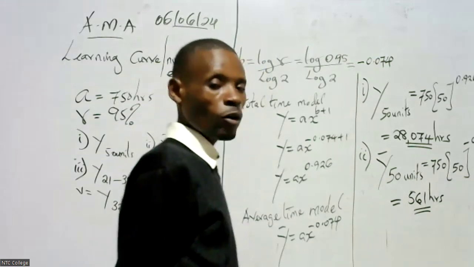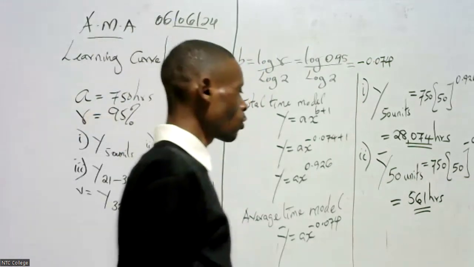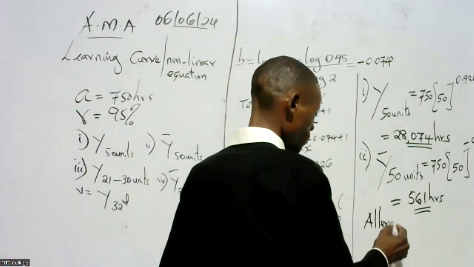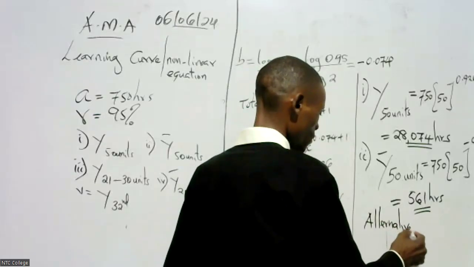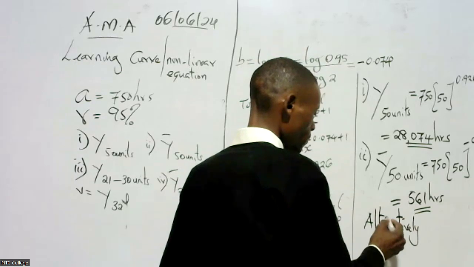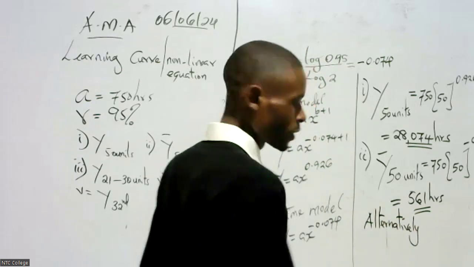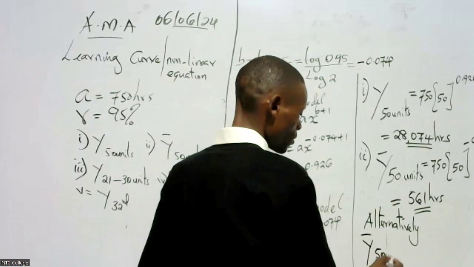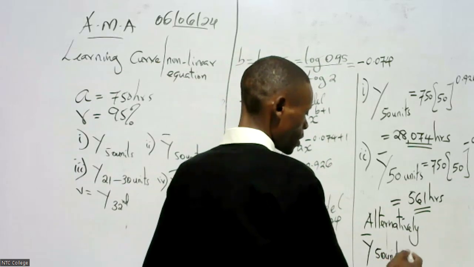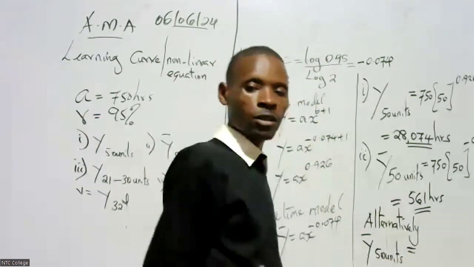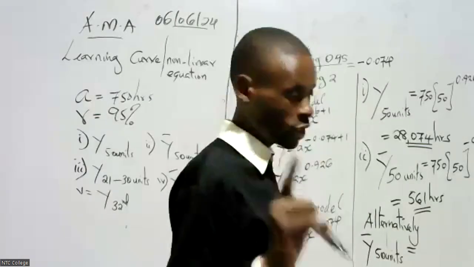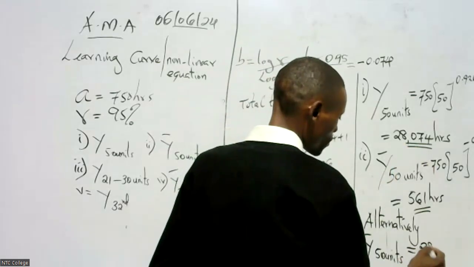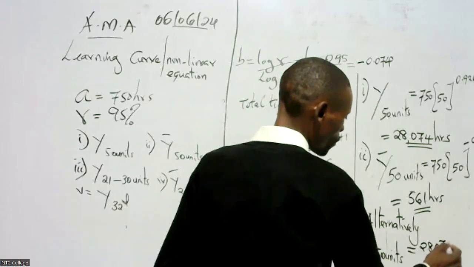Good, good. Or let me give you another alternative way. Alternatively, y bar for 50 units, I can take the total time to produce 50 units, which is 28,074.